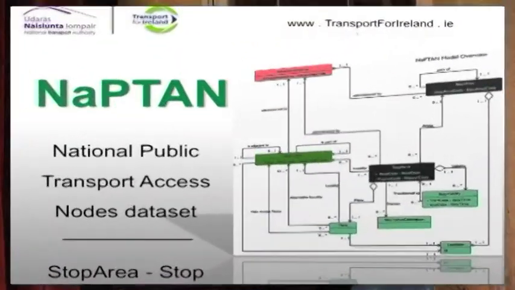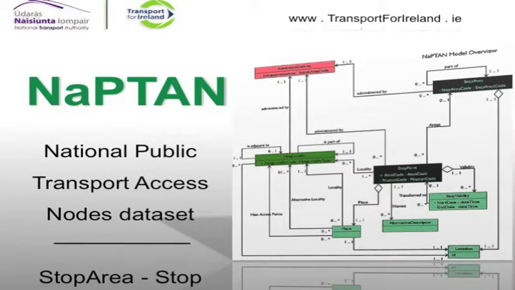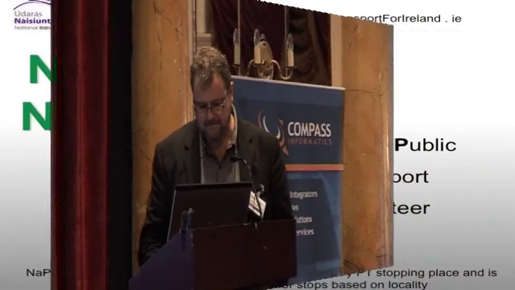So let's go. Okay, NaPTAN stands for National Public Transport Access Nodes Dataset. It's a hierarchy. It's based on stop areas and stops. A stop area would be something like Busaras or Connolly, and then the individual platforms and bus bays would be stops inside it.